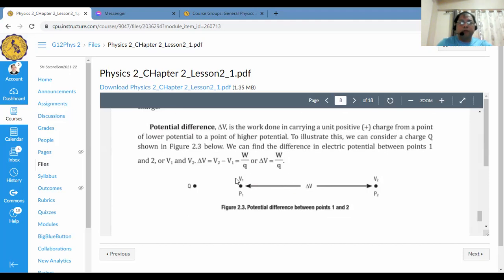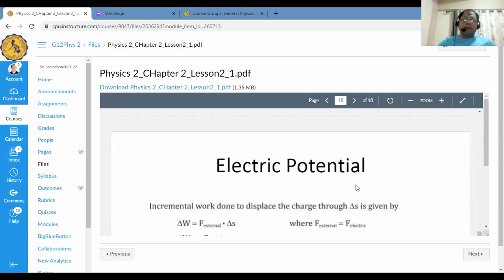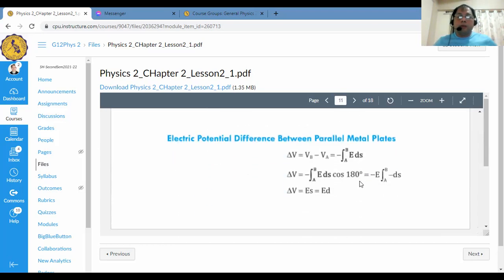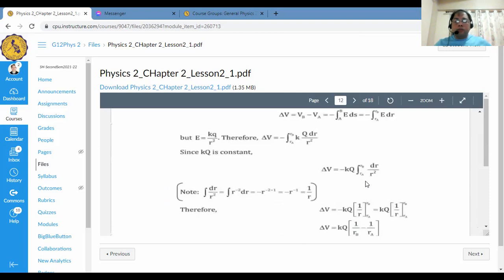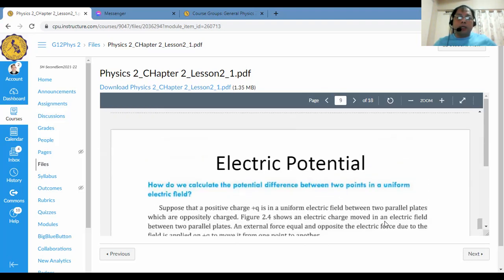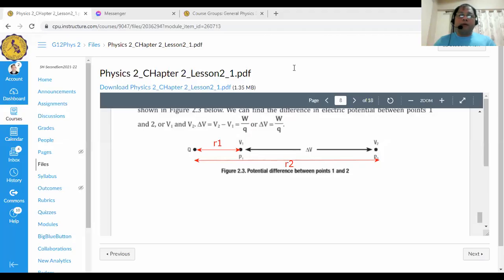Now V1 and V2, we can get their values by having an equation. So we have here KQ over R. So our charge can exhibit a potential equivalent to KQ all over R. We can denote our value V. So if we will solve for V sub 1, what's the potential at point 1?